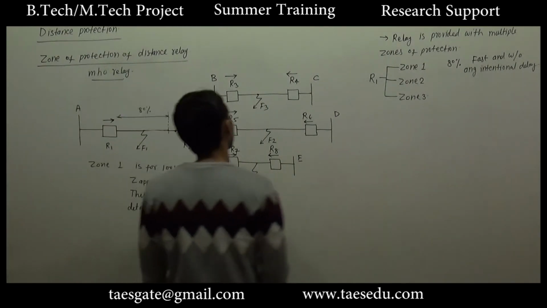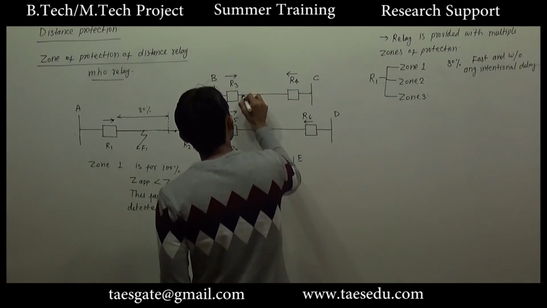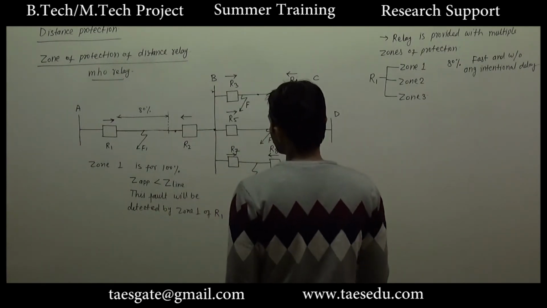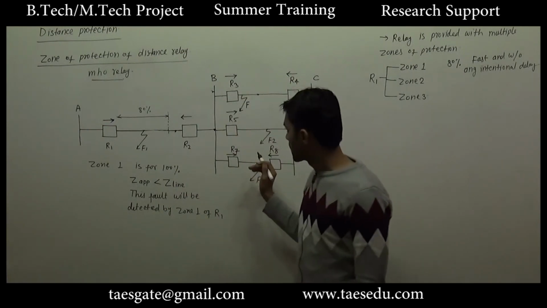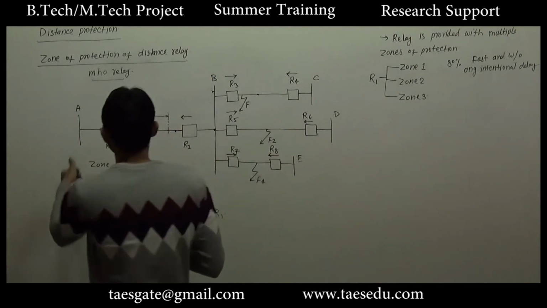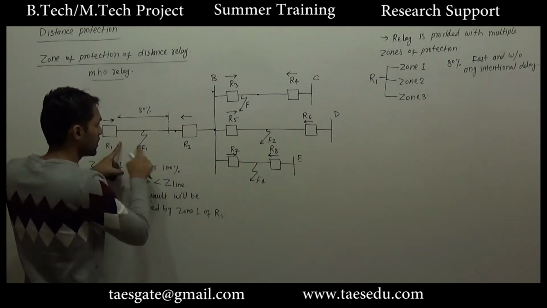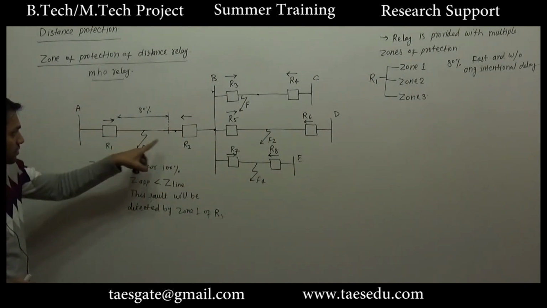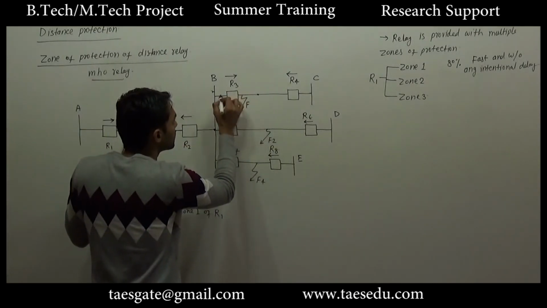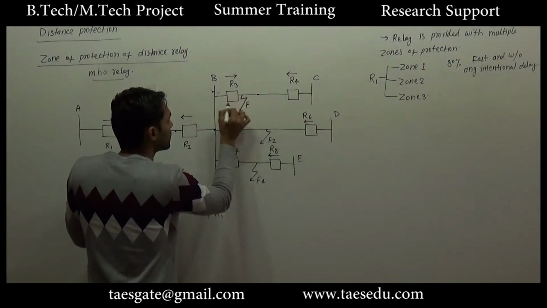Now let us consider a fault that occurs near bus B, just to the right side of bus B. If a fault occurs at this point, can you estimate the total impedance? If we measure from relay R1, this will give you the 100% impedance of this primary line, and since the fault has occurred near bus B only, there will be a very small additional impedance.